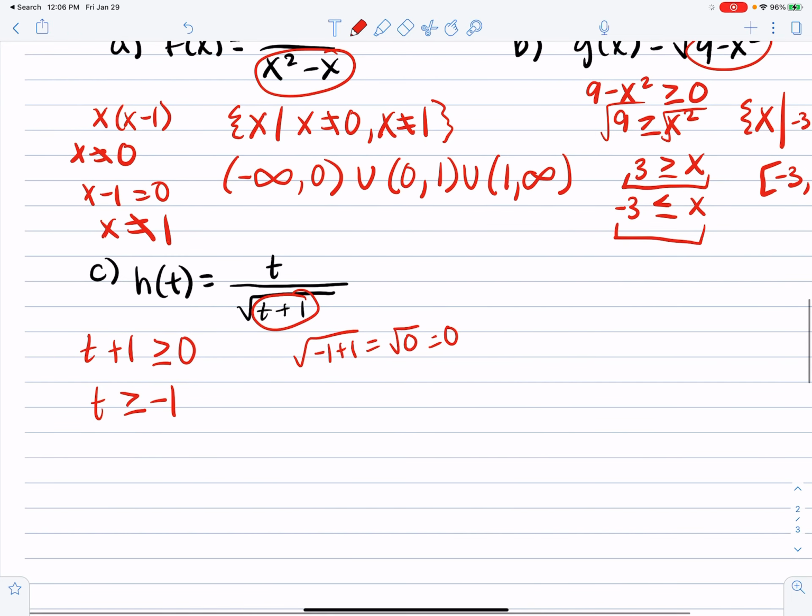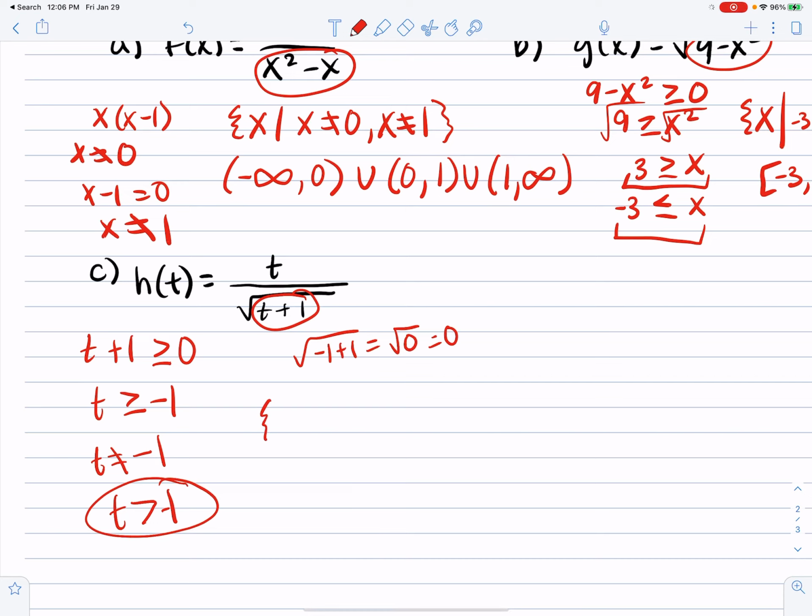So t cannot actually equal -1. So t actually has to be just greater than -1. It can't include it. So this is our final restriction. So in order to write that, we need to say t at any value where t is greater than -1, not including it. And you can write that as -1 to infinity, not including -1.